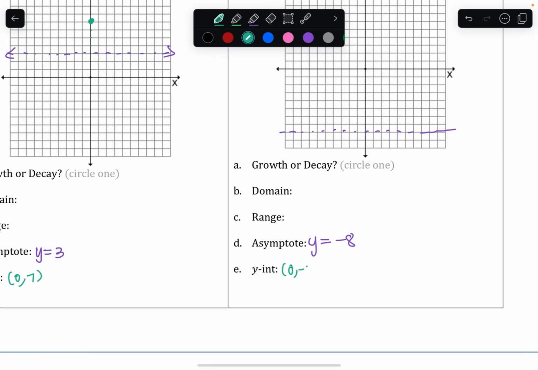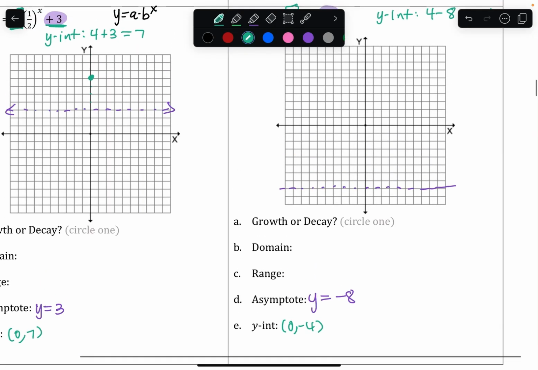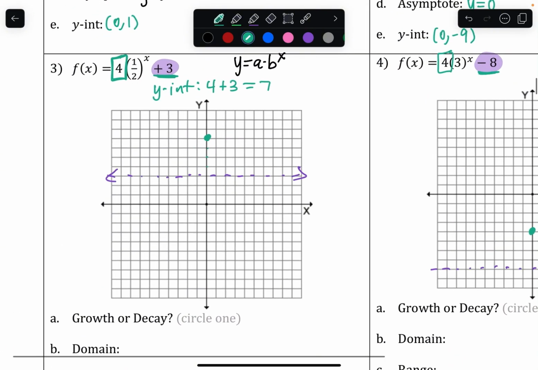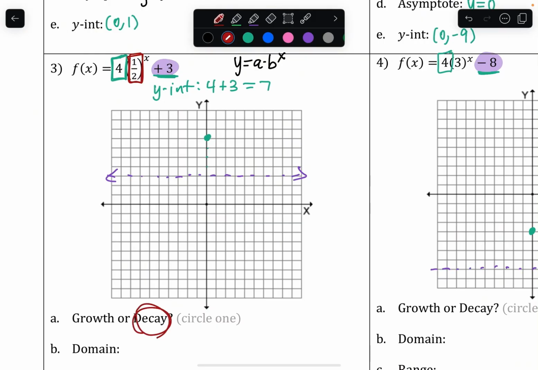And so our y-intercept is -4, and we can graph that. Now, looking at our b value is 1/2 here, and so we know it's decay. That is smaller than 1. And so when you're creating your graph, make sure you are approaching the flat line as you go to the right and moving away as you go backwards.